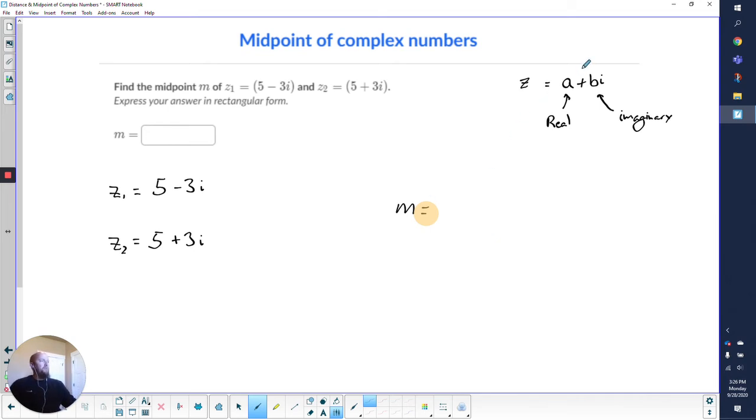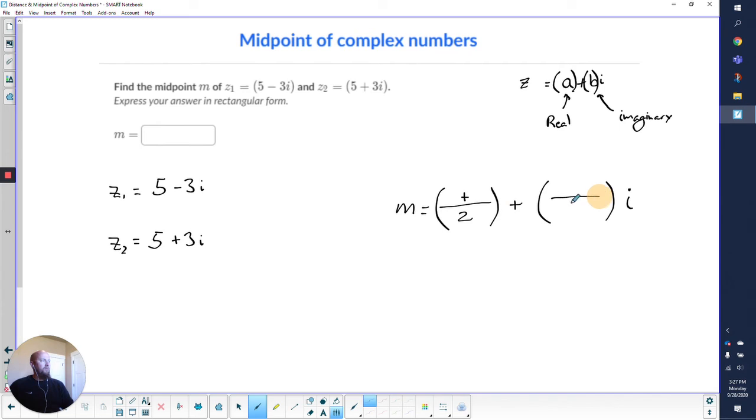So think of the number here. The complex number is a real piece, and then it's this imaginary piece over here, and they both have a coefficient, right? So we're going to find the average of these two things. When you're averaging two things, you are adding them up and dividing by 2. All right, and we're going to get this midpoint number here.